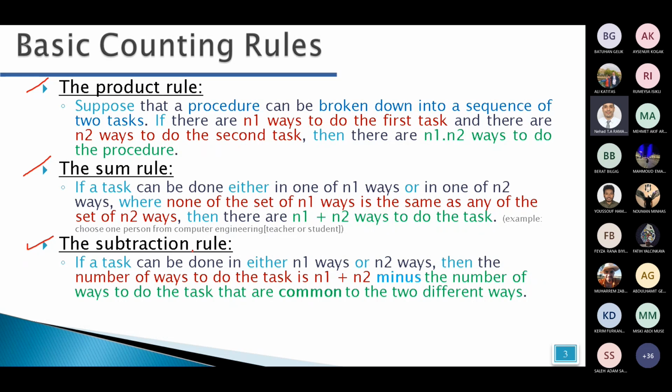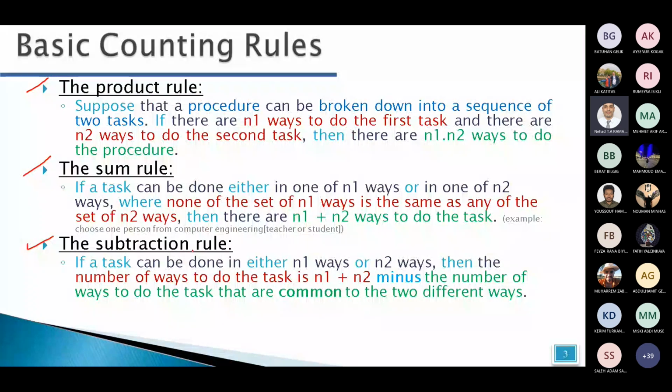Simply, a product rule is when you have a sequence of tasks, okay? So, for example, if you have a procedure, meaning something you want to do, okay?